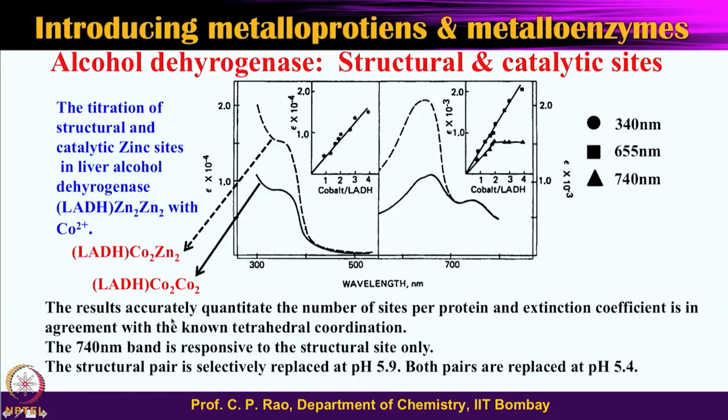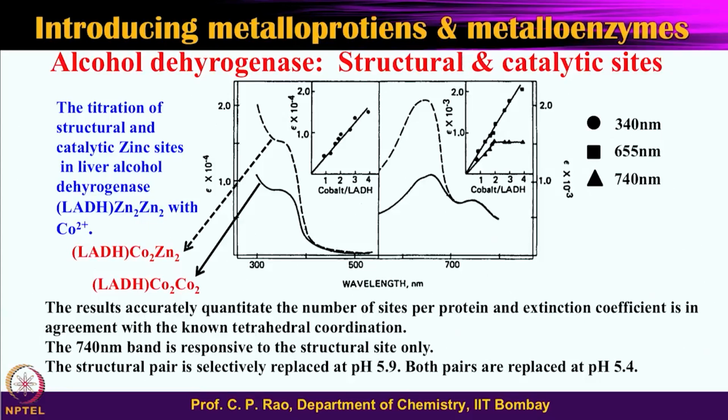Okay, so using this kind of titration you can very accurately quantitate the number of sites per protein, and the extinction coefficients are in agreement with the known, in this case tetrahedral. You see that the values are much higher, and the higher values are only obtained from tetrahedral or square pyramidal or trigonal bipyramidal, but not octahedral.